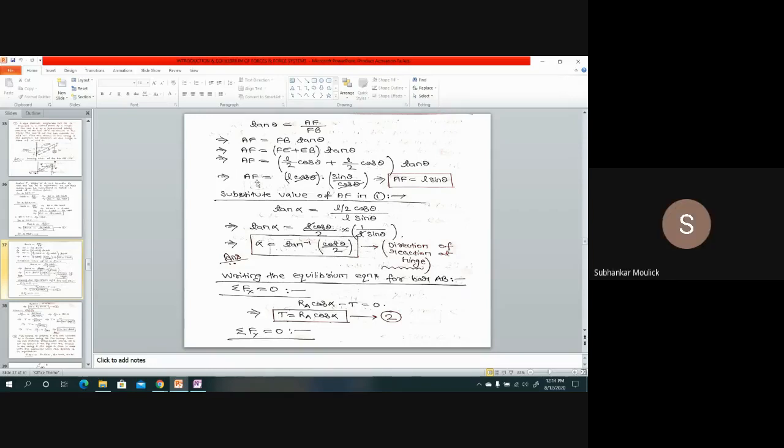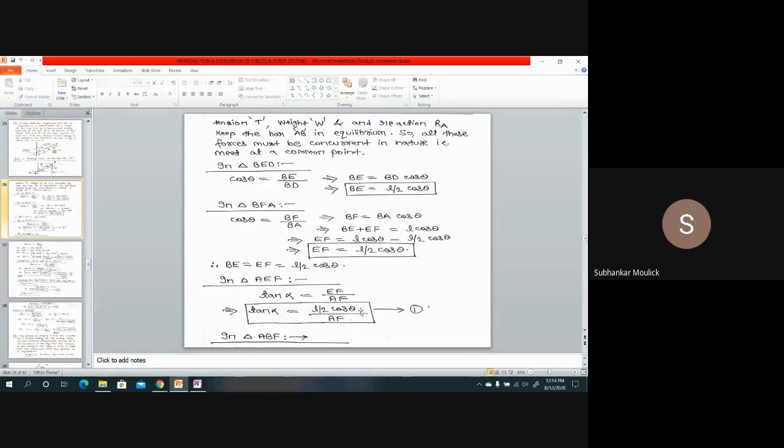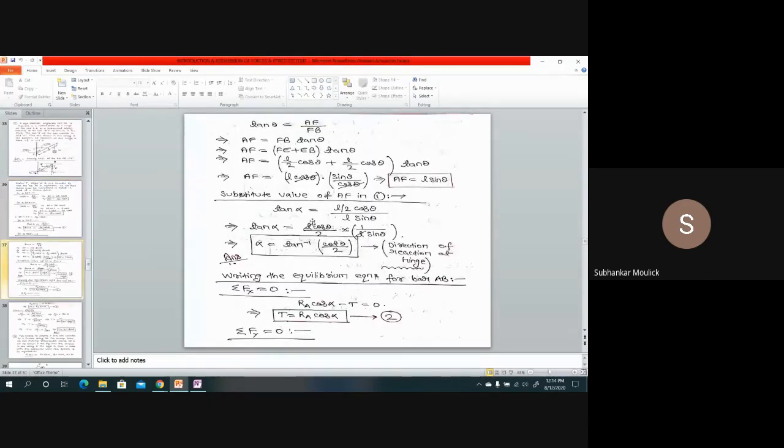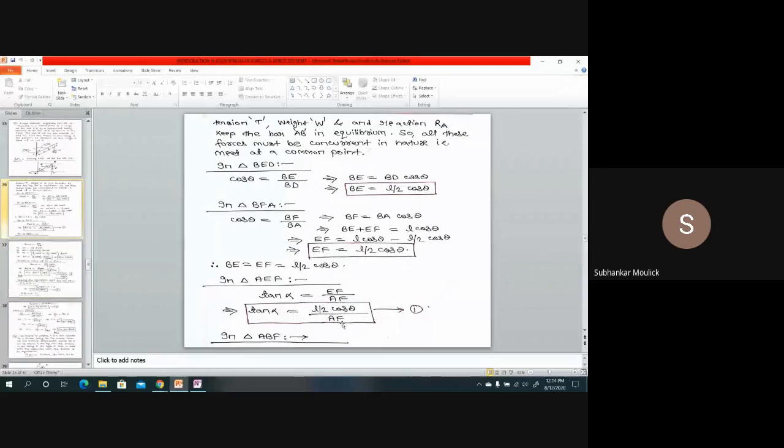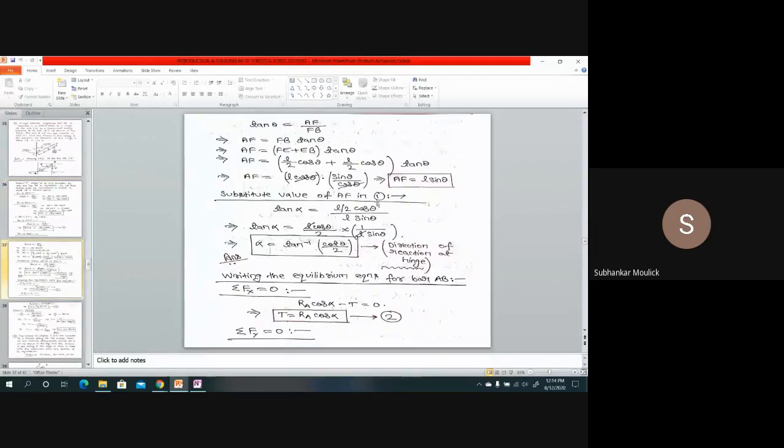Since I have calculated the value of AF, I can substitute the value of AF in equation number 1. Then I can get the value of alpha. Let us substitute. Tan alpha is equal to L by 2 cos theta upon AF, and AF is your L sin theta. So L by 2 cos theta by L sin theta. L cancels.